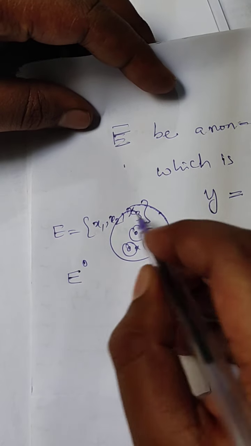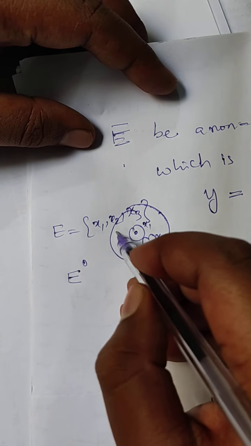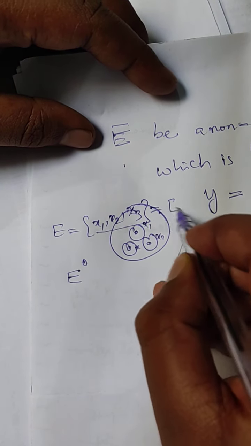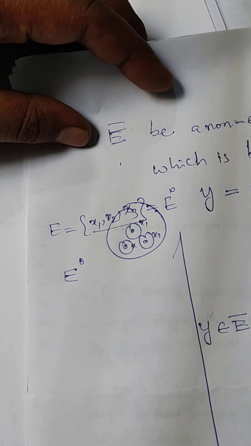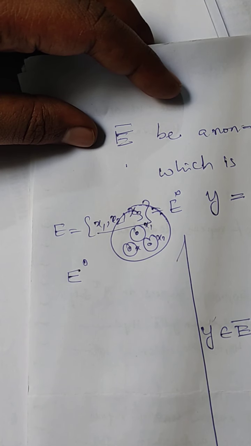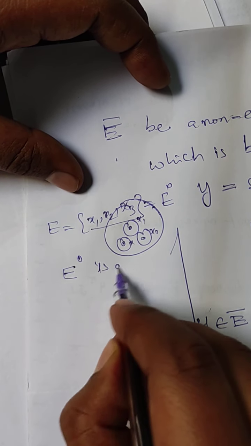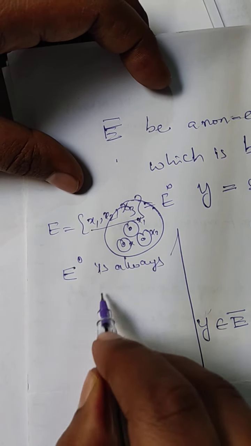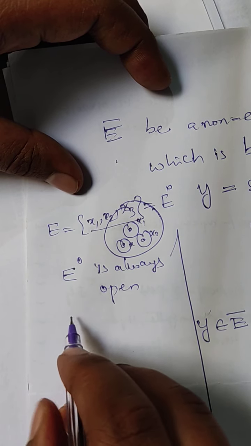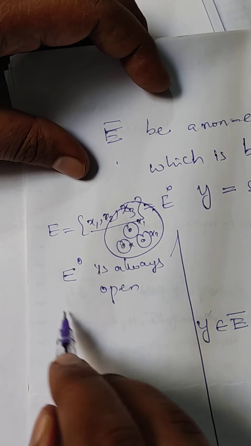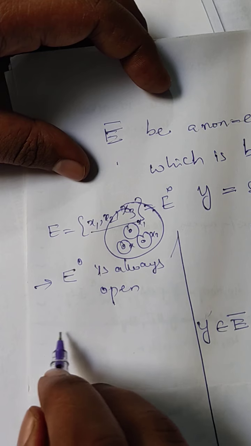Then all the points of E are interior points. From there we get that E interior is equal to E, and we know that by the definition E interior is always open.